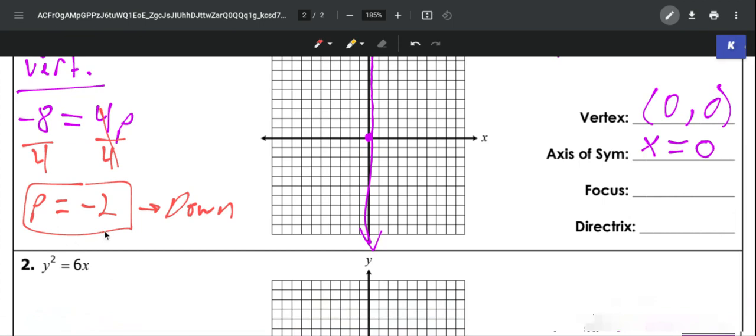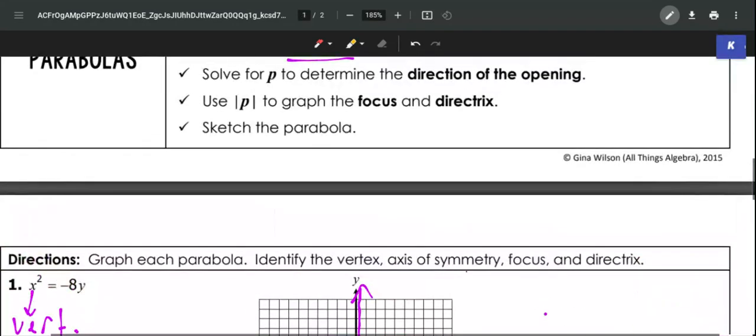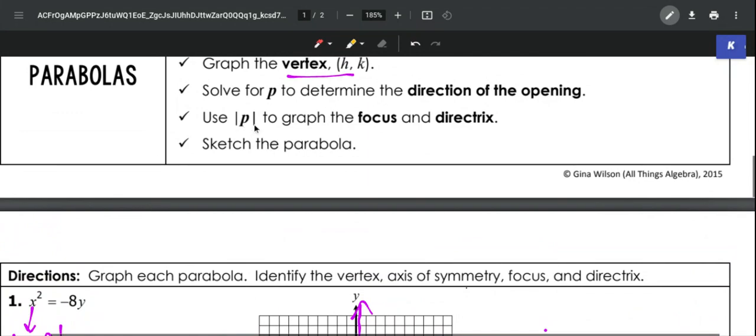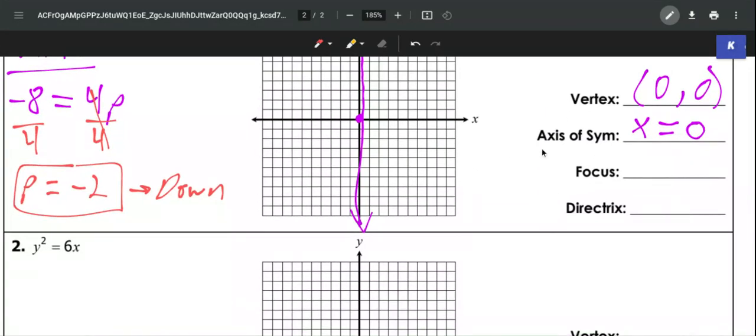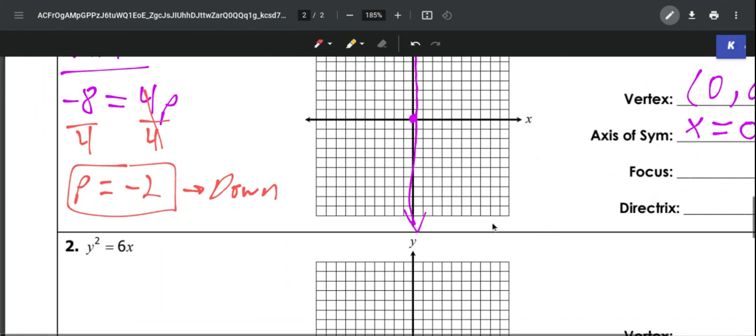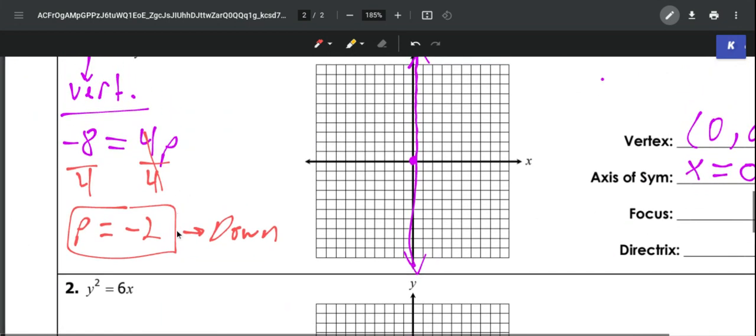Now this is where I don't really like how we're given the absolute value of p. I get what they're saying, but what I would do is, because next, if you look over here, we need to focus on the directrix. So if we're looking at a vertical parabola and it's opening up or down, that means we're going to use p to tell us our focus and our directrix, which we'll do for every one.